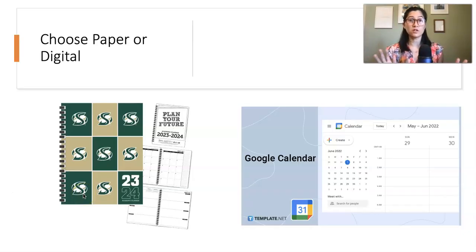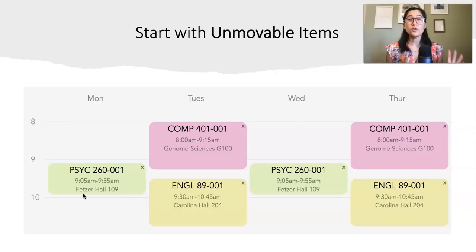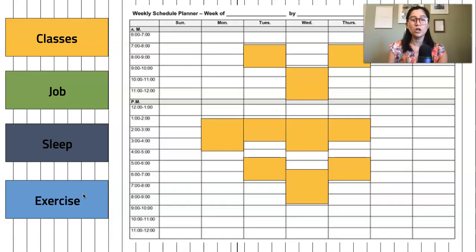So either one's fine. When you're filling in your schedule, the first thing you'll need to do is start with your unmovable items. So things that you don't have control over when they happen, right? This is things like classes, which are shown here in this image, or things like work. Here's an example. This is another one of the slides that Commit to Study graciously shared with me.